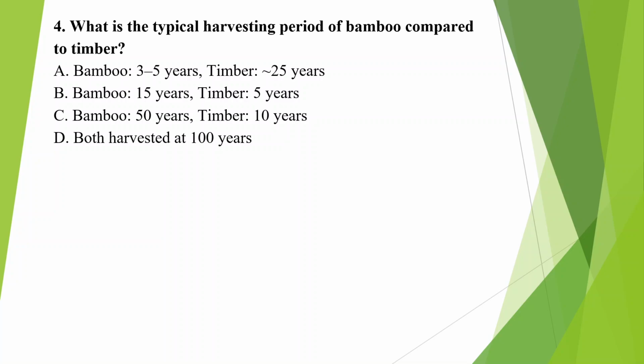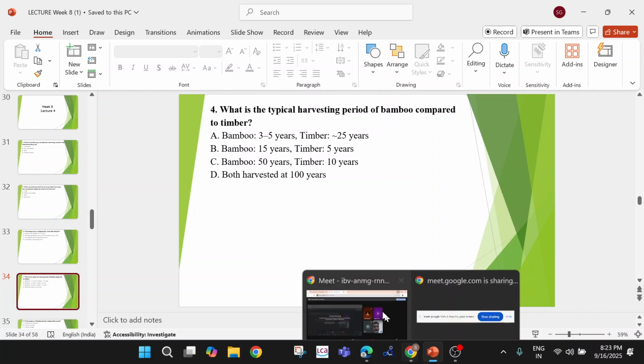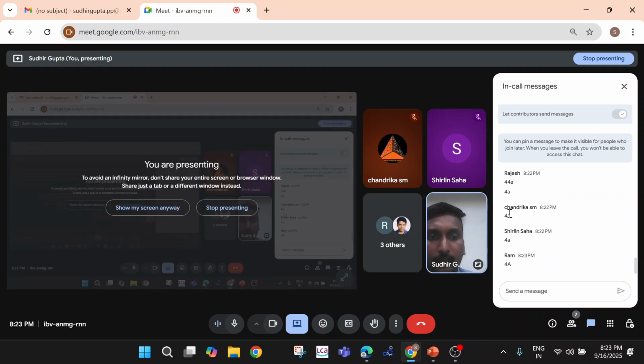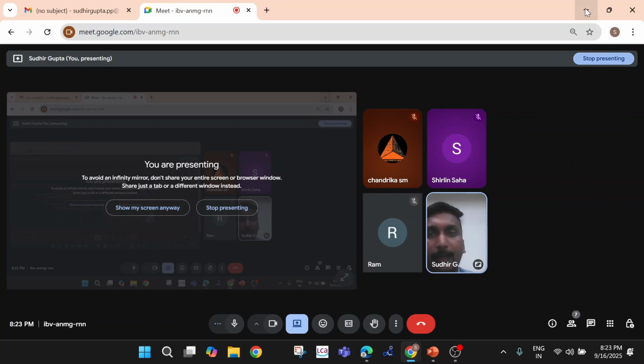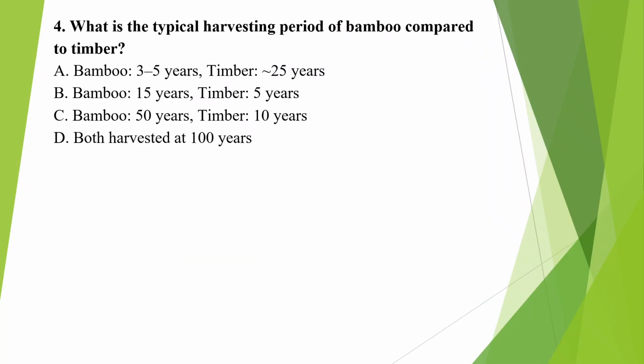I hope all of you will be able to answer this question correctly. Let me see how many of you have answered it. 4A, 4A, 4A. Rajesh was first to answer. He was able to grasp the question fast. So 4A has been marked by most or all of you, and 4A is the correct answer.